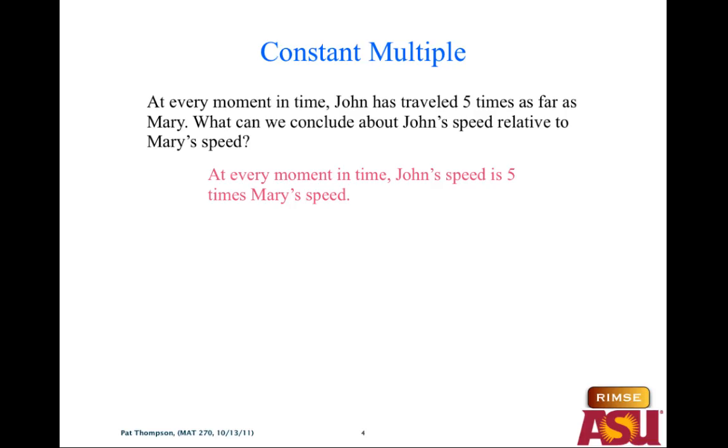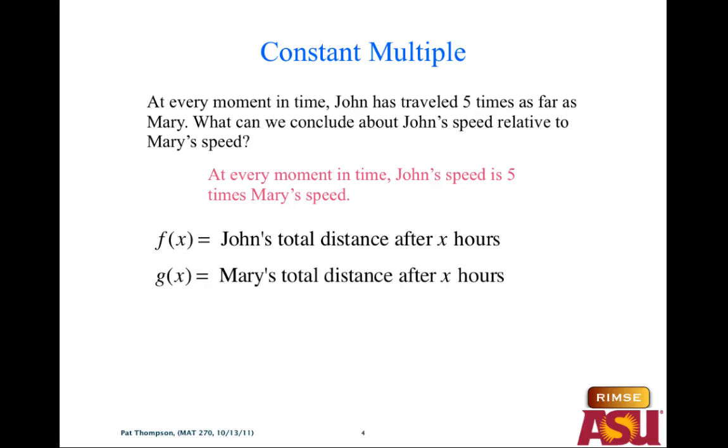So what does that mean for us? If f of x is John's total distance after x hours, Mary's is g of x. What do we know about the distance? So this initial statement tells us how f and g are related. This initial statement, John has traveled 5 times as far as Mary. How could we write a statement for that?